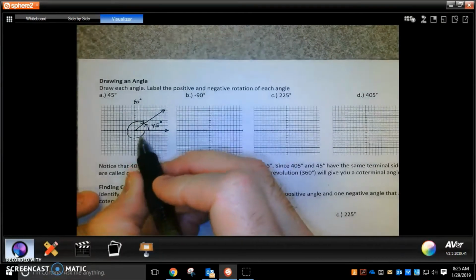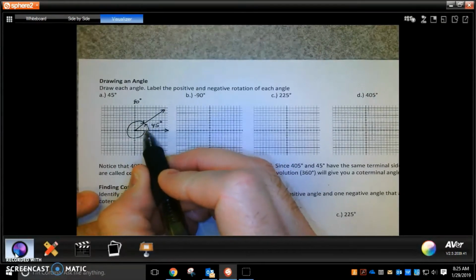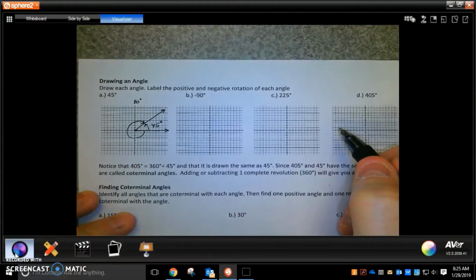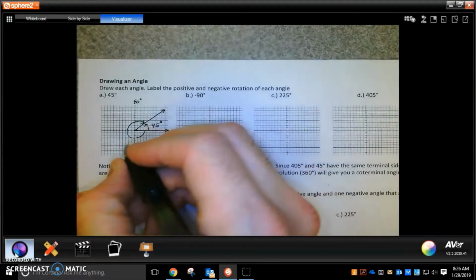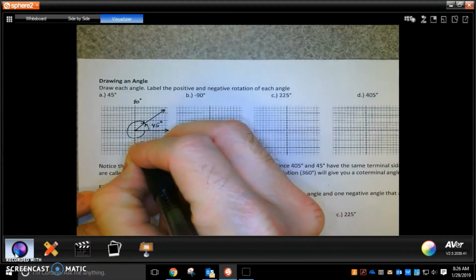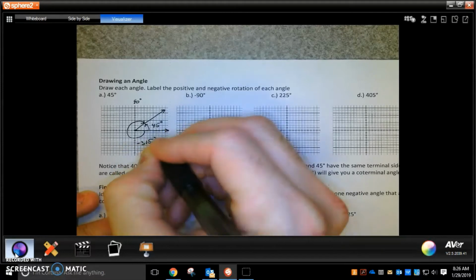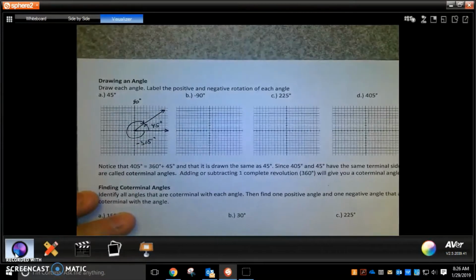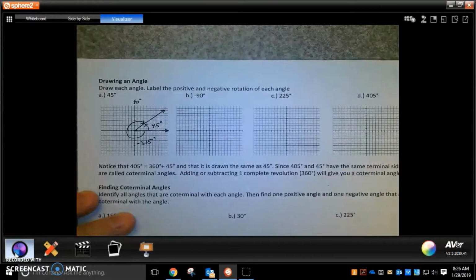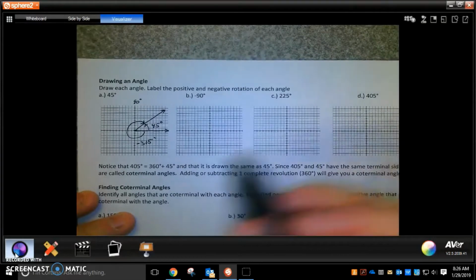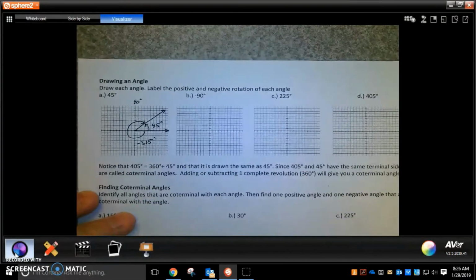But we're not quite all the way around. We're 45 degrees away from going all the way around. So if you take 360 and subtract that 45, then we have gone 315 degrees in the negative direction. So this angle could be called a 45 degree angle. It could also be a negative 315 degree angle.